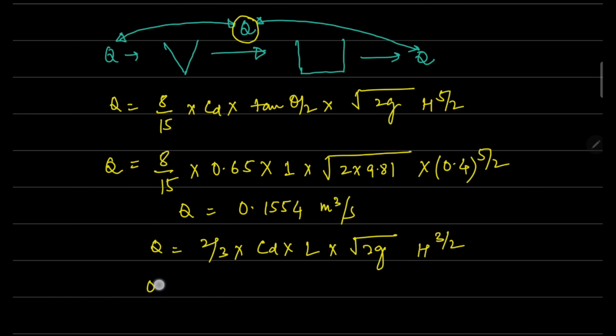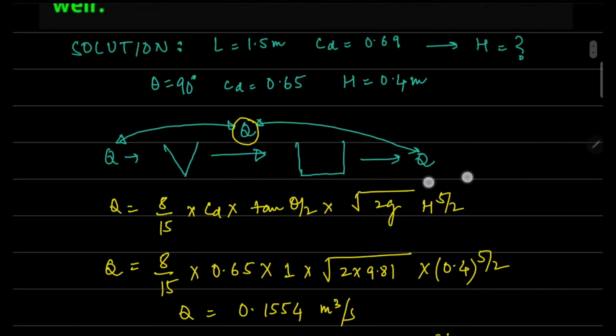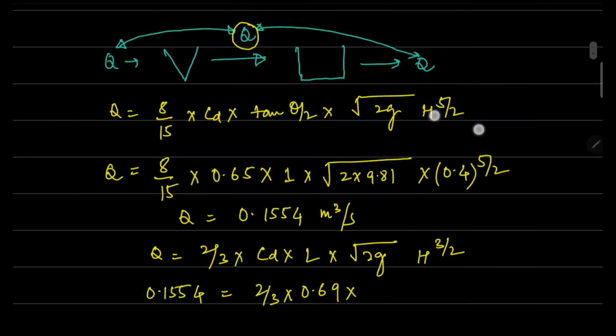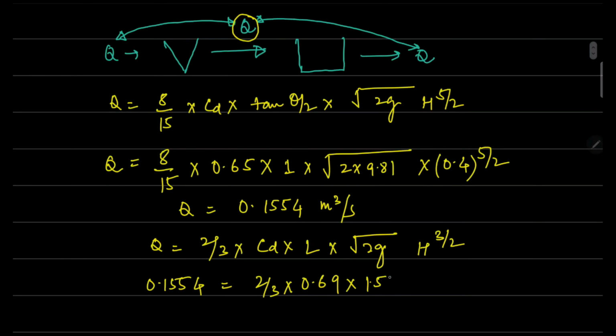The Q value is 0.1554, which is equal to 2 by 3, CD is 0.69, L value is 1.5 meter, multiplied by under root 2 into 9.81, and then h raised to the power 3 by 2.